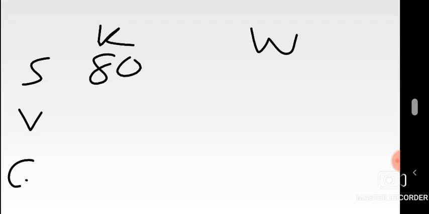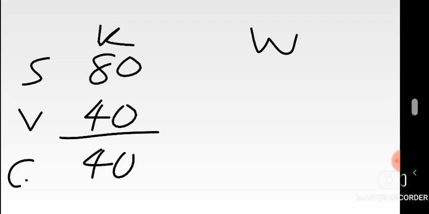So first, find the contribution for each product. Contribution is sales minus variable cost. Sales for Kimbo, they told us 80. Variable cost 40. Therefore, the contribution is 40 for Kimbo. This is fixed across all the options, it's held constant.